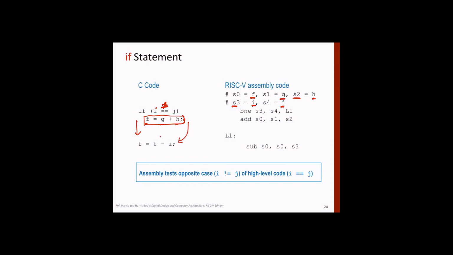Now here we say i is equal to j. This is the condition. i is in S3 and j is in S4. Note here we are using branch if not equal to, whereas in C we are using the condition if i is equal to j. When we convert this C program logic into assembly language logic, we negate it.